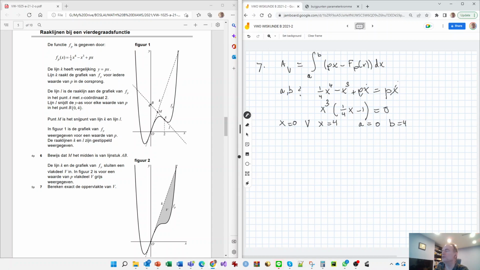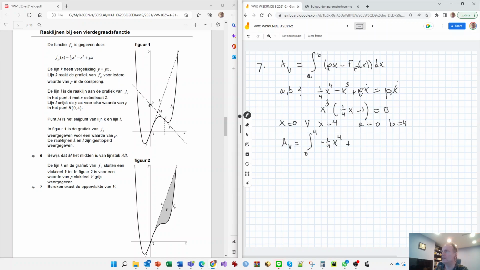Okay, so let's substitute the function here. I get this from 0 to 4, and px minus this function, so you get minus 1/4 x to the power 4, and then negative minus a negative times negative x to the power 3.